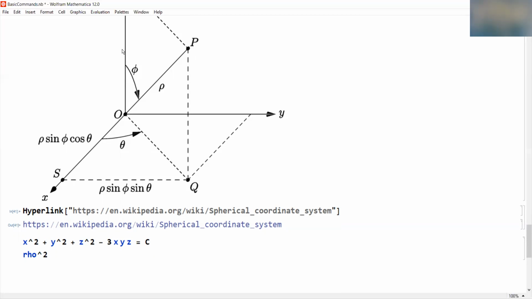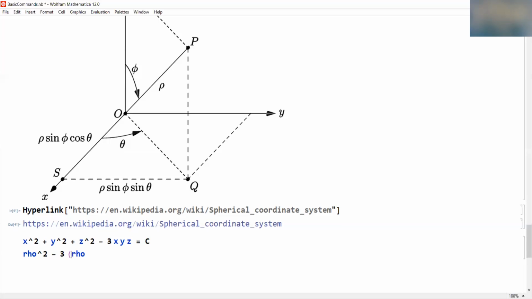What about minus 3xyz? That's more involved. Can somebody tell me part of what xyz would be? I can start doing it the long way. It's going to be rho sine phi cosine theta, that's what x is going to be.